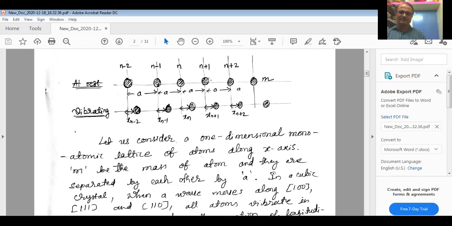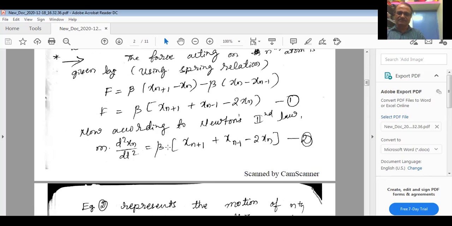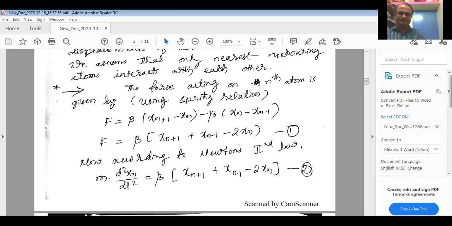One force because of this n plus 1 atom is acting in this direction, and another force because of this atom n minus 1 is acting in this direction. Since these two forces are opposite to each other, there will be some net force or the resultant force acting on this atom n. So that is written in this way.